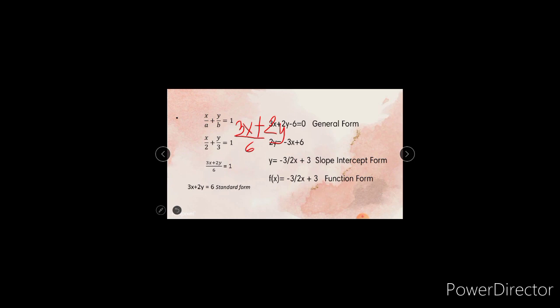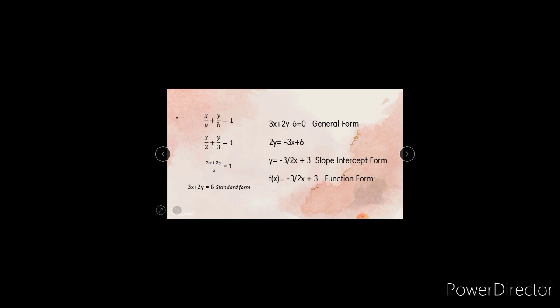So that's it. Then do the cross multiplication. So 3x plus 2y times 1 is equal to 3x plus 2y. Then 6 times 1 is equal to 6. So it is the standard form.